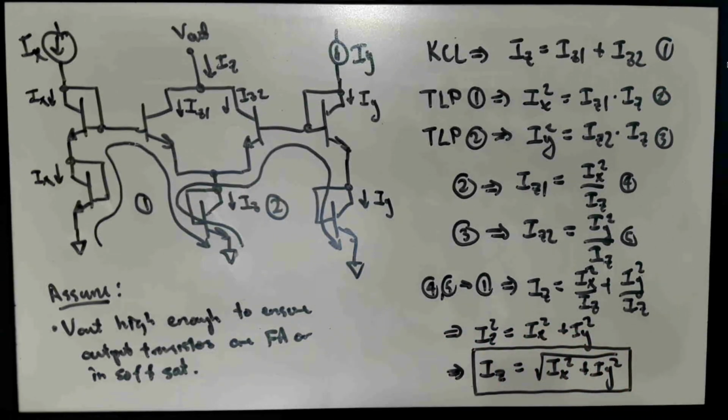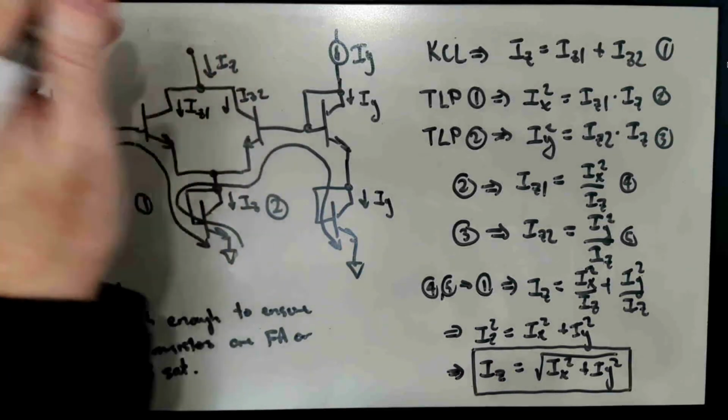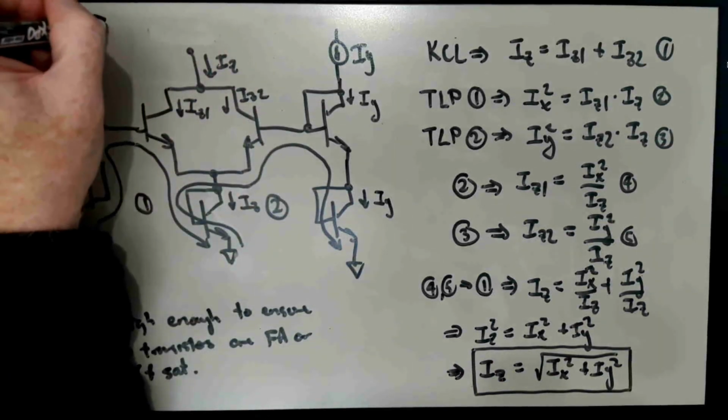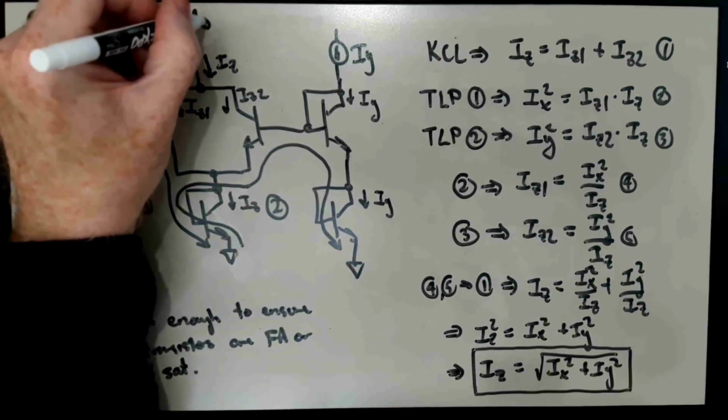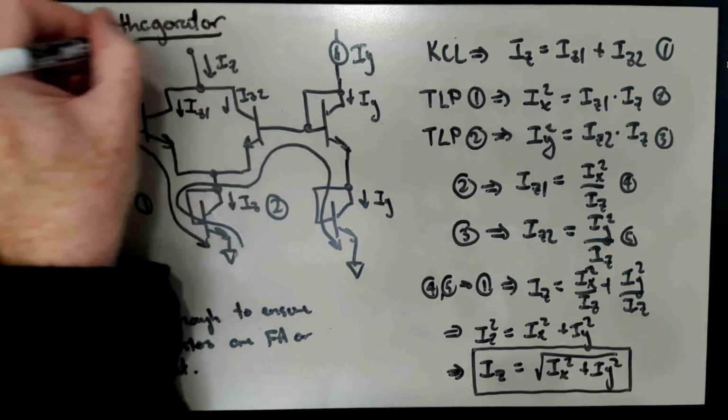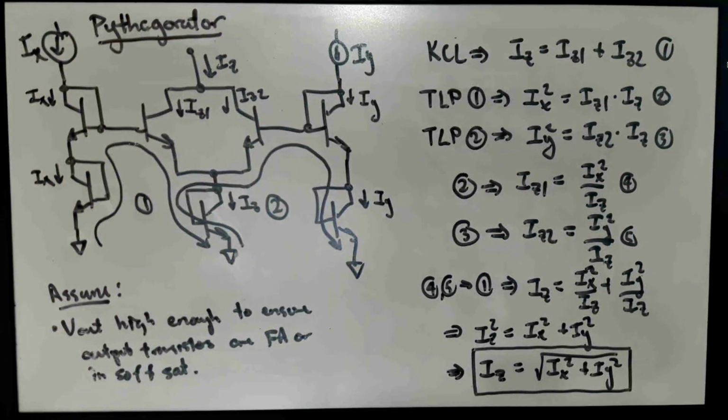So the circuit actually has a name. The circuit is called the Pythagorator. I kid you not, that's actually what it's called in the literature. And it implements the Pythagorean theorem. So if you interpret IX and IY as the lengths of the legs of a right triangle, then the output of the circuit is the length of the hypotenuse.